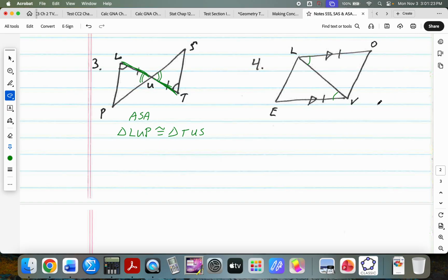We don't know that it bisects anything. No, because we would need to know that the left and the right sides were parallel to say that.